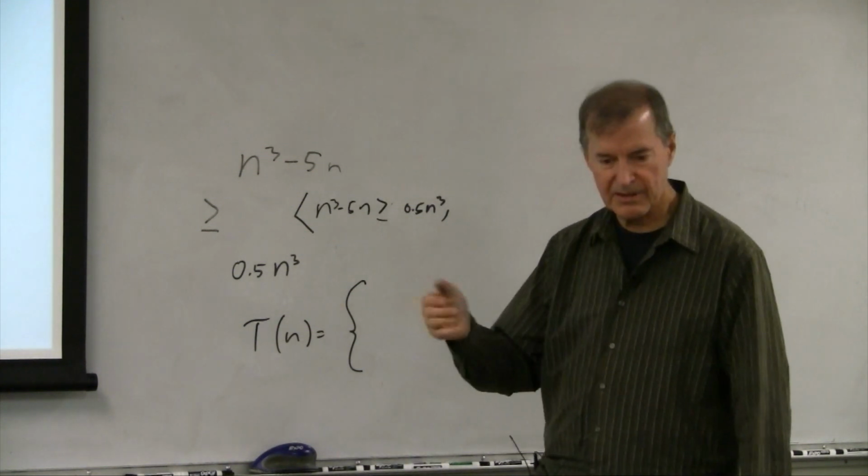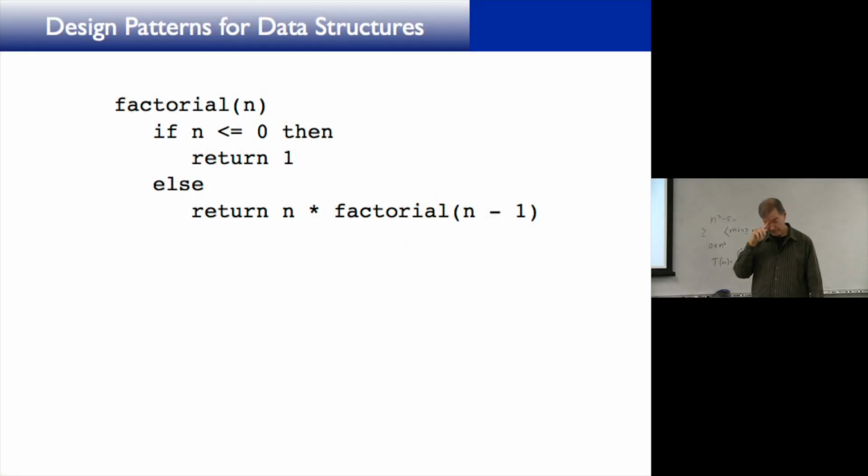So what's this going to be? The base is going to be what? Big theta of 1. And the recurrence is going to be what? If it takes T of n to do n, how long does it take to do n minus 1? T of n minus 1.